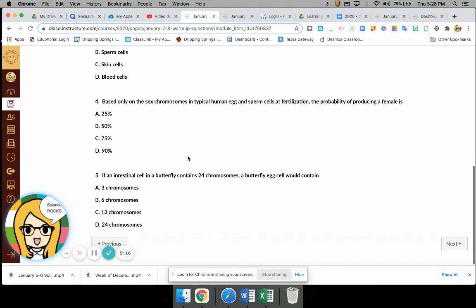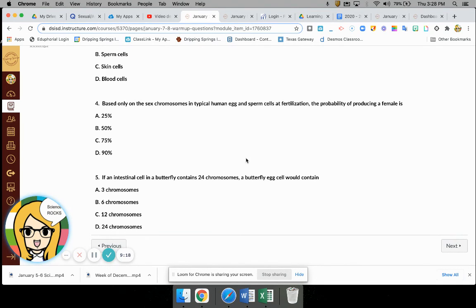Number 5, if an intestinal cell in a butterfly contains 24 chromosomes, a butterfly egg cell would contain how many chromosomes? Well, if you'll remember, during mitosis, these 24 chromosomes duplicate, so that you have 48 chromosomes. And then once the cell has the replicated chromosomes, then it splits so that each cell has 24 chromosomes. They're genetically identical.